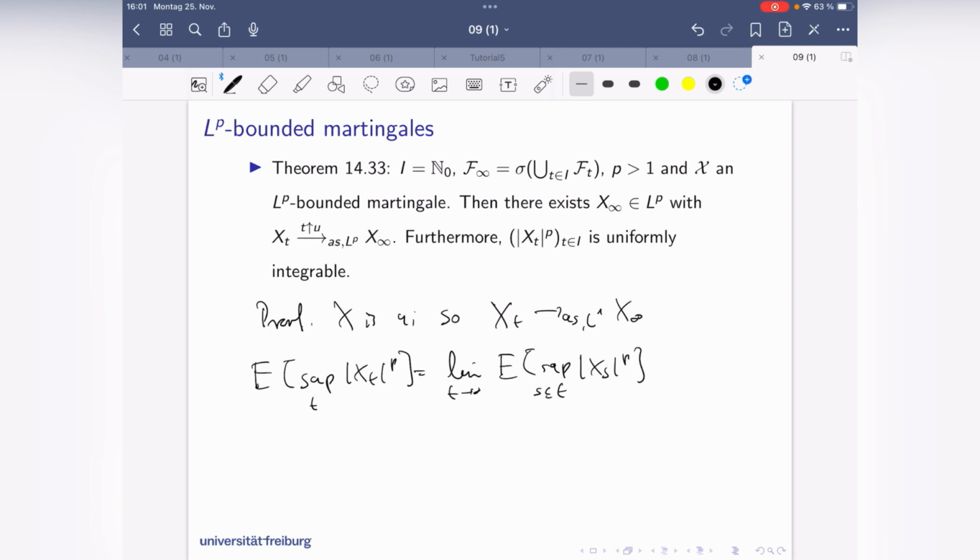So that's increasing in t. I can bound it from above using Doob's inequality: the limit as t goes to infinity of p divided by p minus 1 to the power of p, that's just some finite number, times the expectation of xt to the power of p. And it's LP bounded, which means the right hand side is bounded, so that's less than infinity.